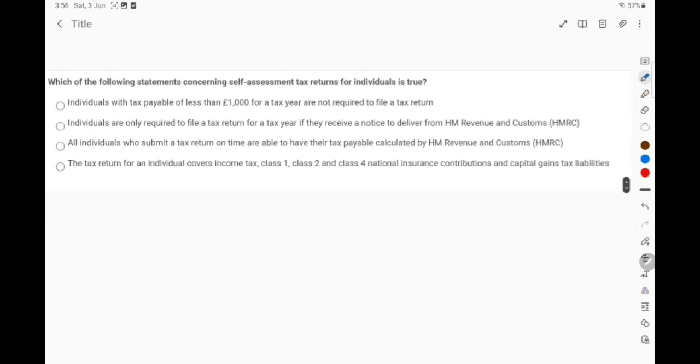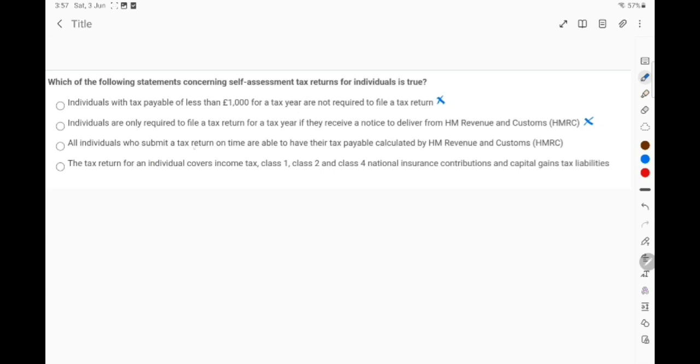Again, next question: which of the following statements concerning self-assessment tax returns for individuals is true? Individuals with a tax payable of less than 1,000 for a tax year are not required to file a tax return, not true. Individuals are only required to file a tax return for a tax year if they receive a notice to deliver from HMRC, no, they can submit this themselves.